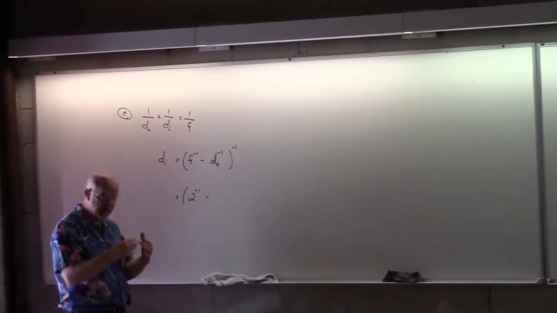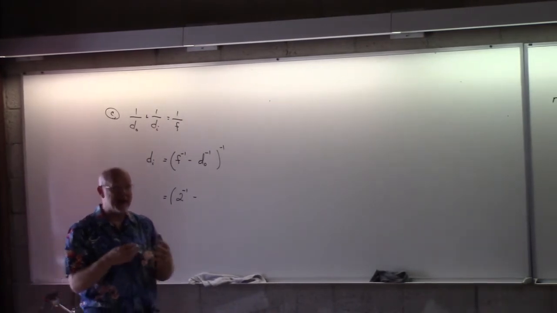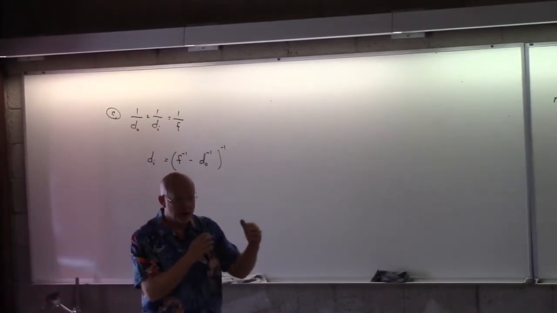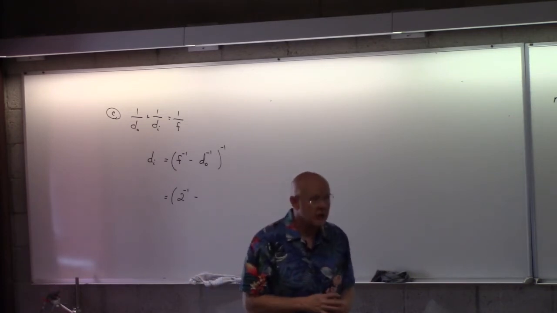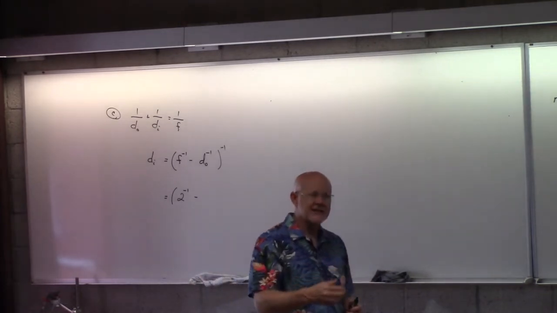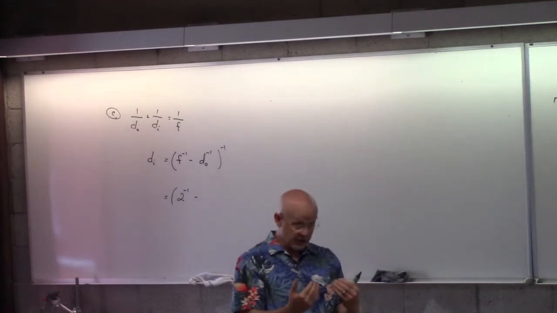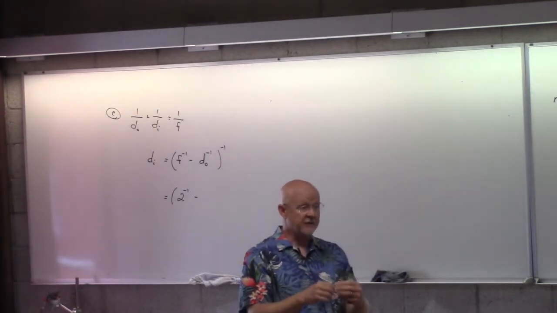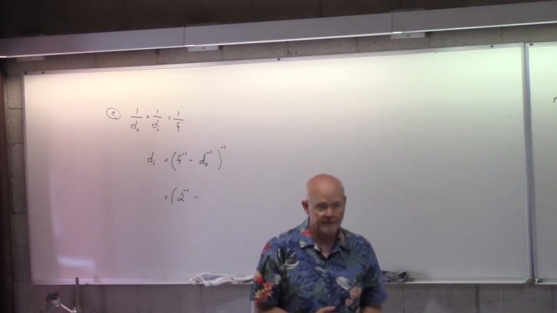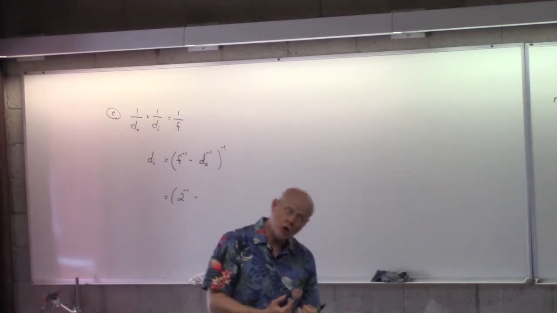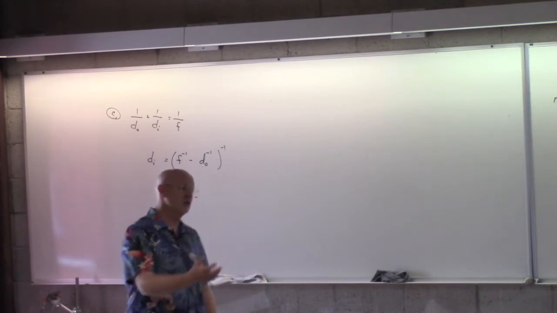Case number 2 says if you want to make a magnified, non-inverted image, or in this case it's already inverted, so remain inverted, you need to put the object closer than the focal length. The things further out than the focal length make real images and make them upside down. They invert them. But when they're closer, they make virtual images.